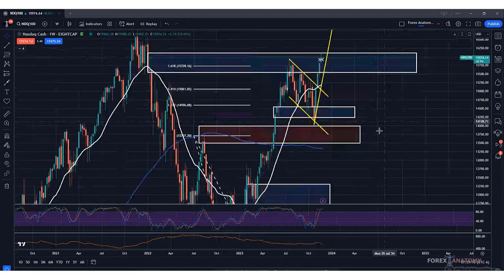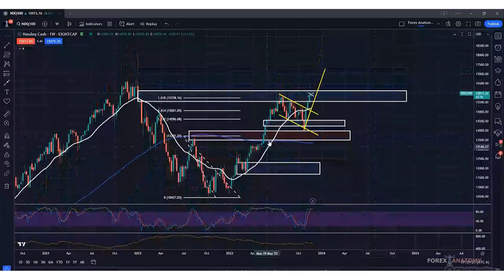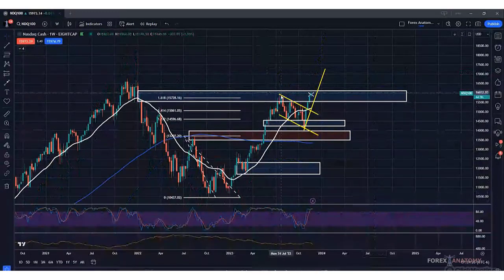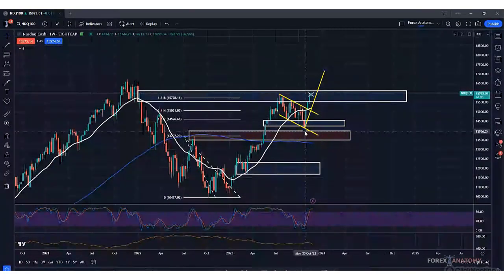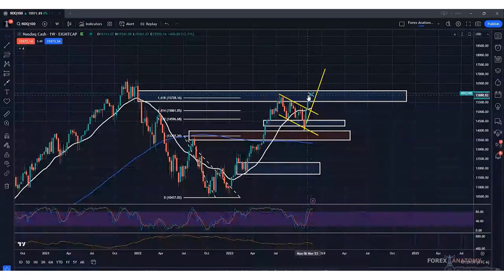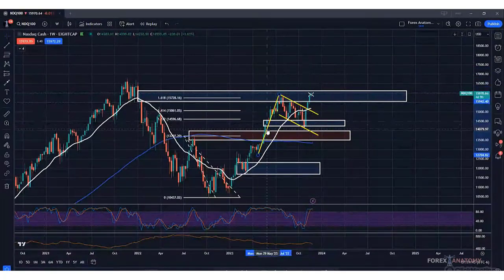We're looking at the weekly chart, and remember we talked about this bullish flag pattern. We have the flagpole, and we have this complex correction, which is really a descending channel. What we're anticipating is price reaching this area right around here, because usually when you get a bullish flag, you have a symmetrical move from the flagpole.